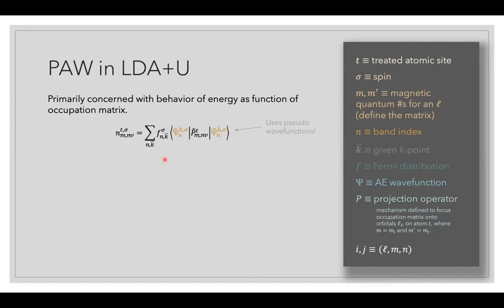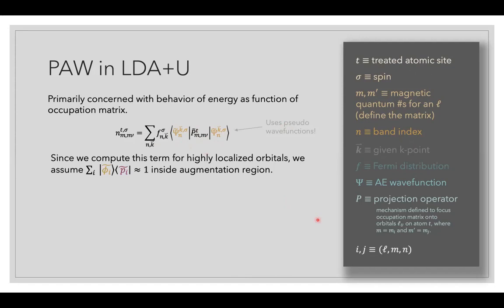F is our Fermi distribution, and that's defined for a specific band index and for a given k point. And then you get the expectation value of this projection operator, the pseudized projection operator P, using the pseudo wave functions themselves.